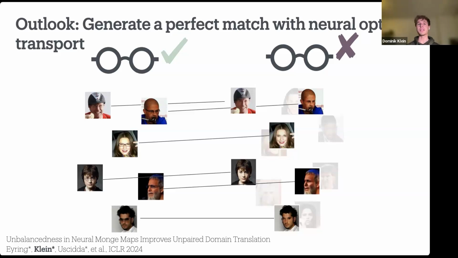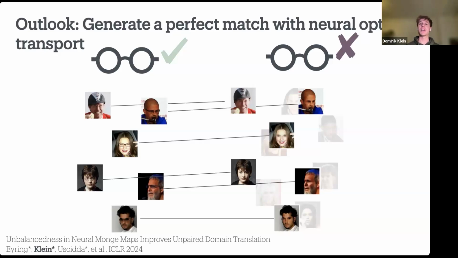You can basically see that whenever we don't find a perfect match in the target distribution, we can just try to generate it. And indeed, we generate the Harry Potter without glasses in that case. So neural optimal transport is a relatively small, large, whatever, depending on what you compare it to, field of research.